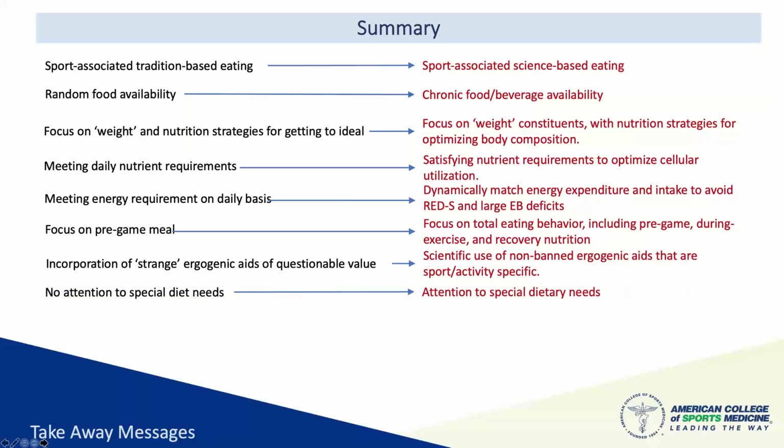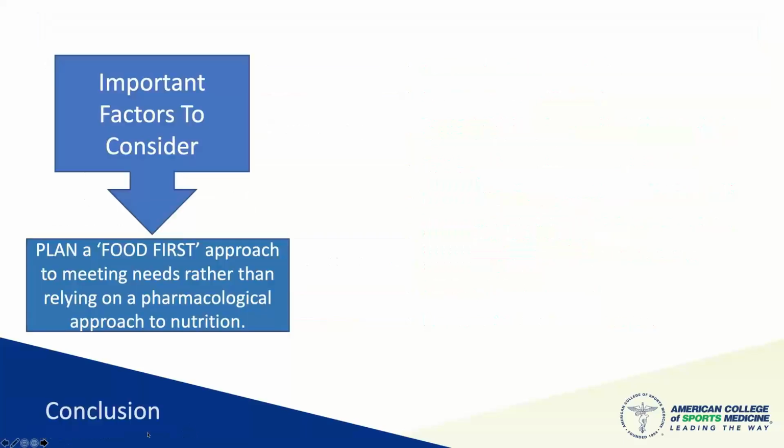There's typically almost no attention given to athletes on special dietary needs. We need to start thinking about, do they have a food sensitivity? Do they have a food intolerance? Do they have an allergy? We need to figure out ways to make sure that they can satisfy their nutritional needs if they're avoiding consuming certain foods because of those intolerances or sensitivities. And we have to have appropriate foods and beverages available.